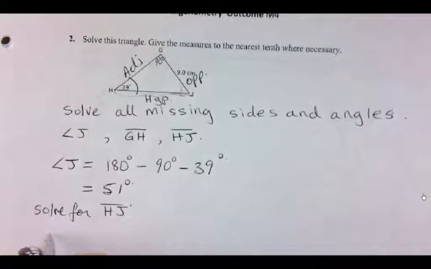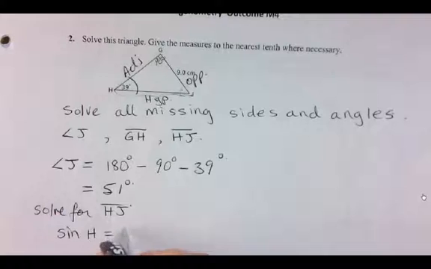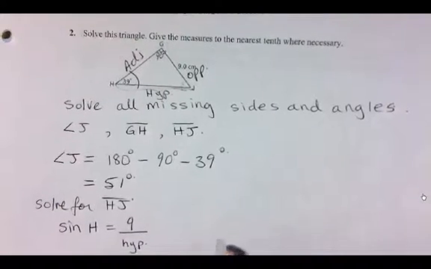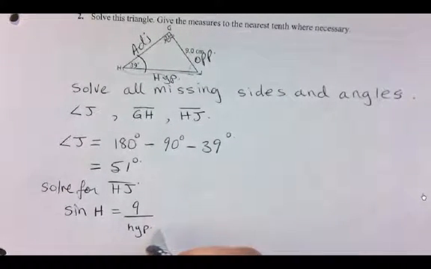So I'm going to use sine. So sine of angle H is equal to opposite over hypotenuse, which is 9 over, and this is my unknown, which is HJ. So why don't I, instead of calling that a hypotenuse, why don't I label that HJ?